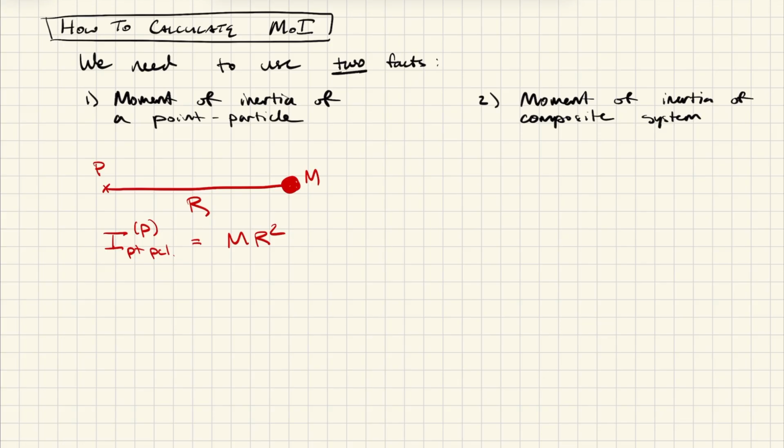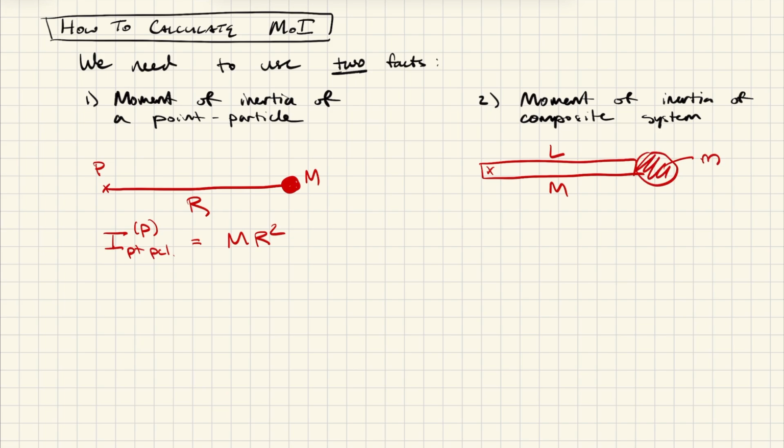The other fact that we know is that when we have a composite system, to compute the moment of inertia of any composite system, you can just add the individual moments of inertia. So for example, let's imagine now we have a rod that has some mass capital M and some length L, and we affix another point particle to the end, which I've drawn kind of big here, but let's call this lowercase m.